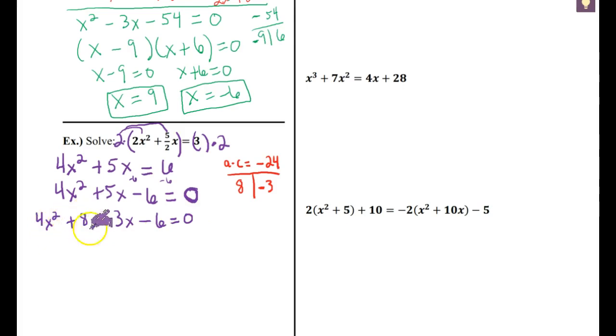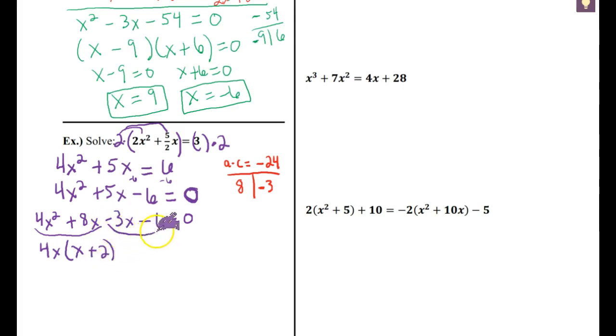Now I've got 4 terms, and we factor by grouping. I'll look at the first 2, and I'm going to take out a 4x, the GCF for the first 2 terms. If I divide out a 4x, I'd be left with x, and then divide out a 4x here, I'd be left with positive 2.